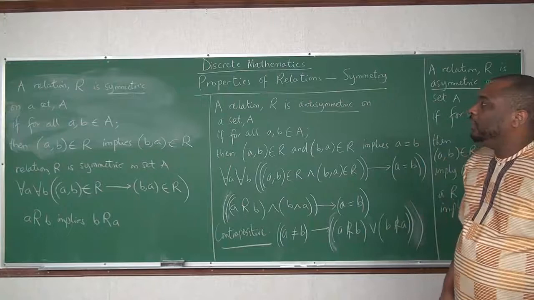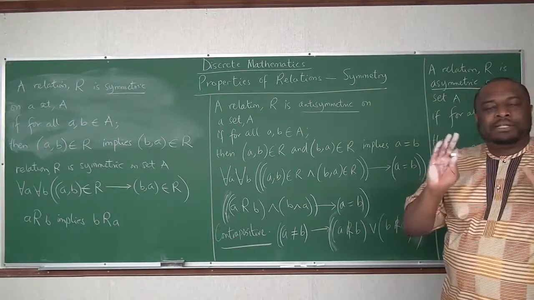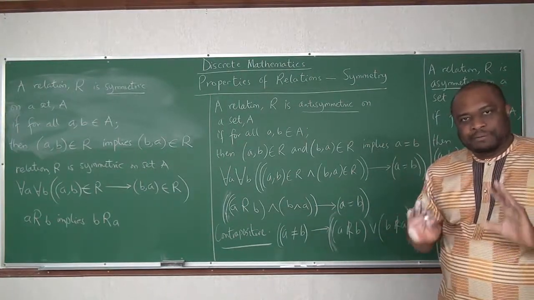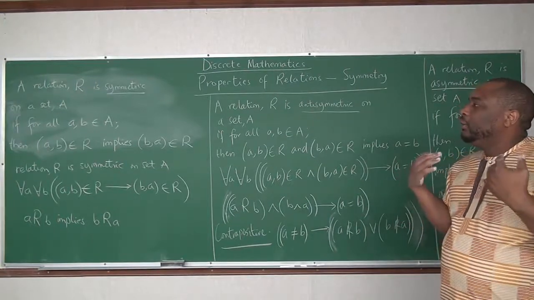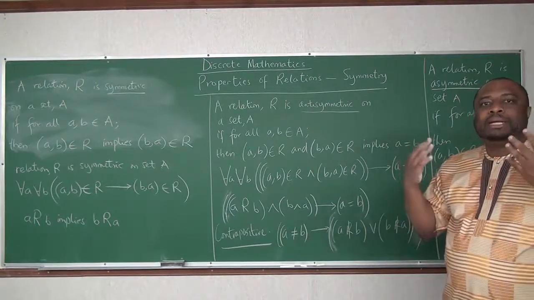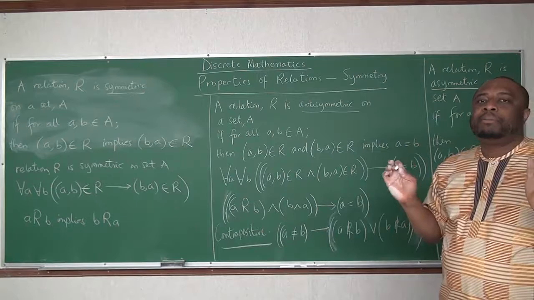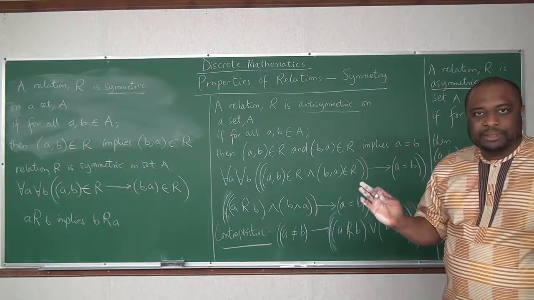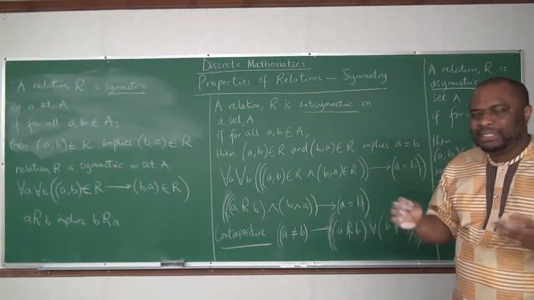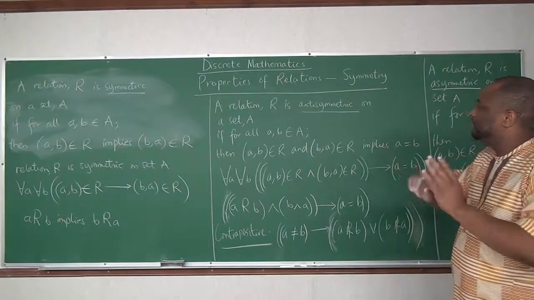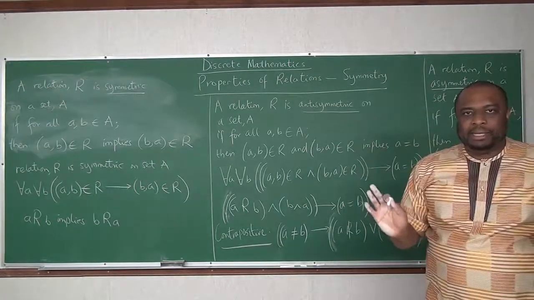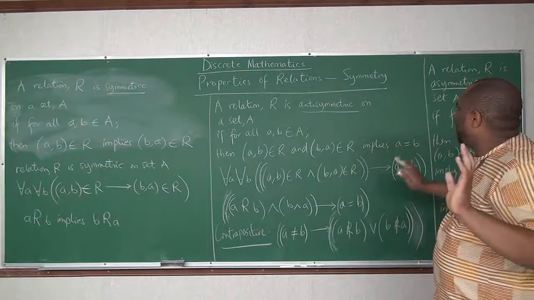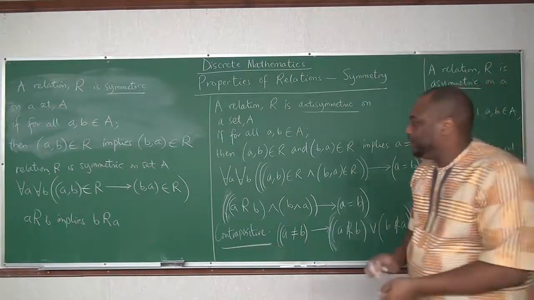Now, let us gradually solve several examples. We are going to look at sets, then we'll look at the matrix form, and we'll look at the digraphs. That way it will make more sense to you. But this is basically the idea of symmetric, antisymmetric, and asymmetric.